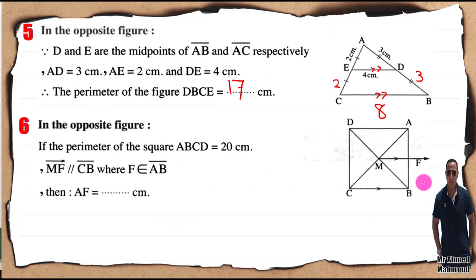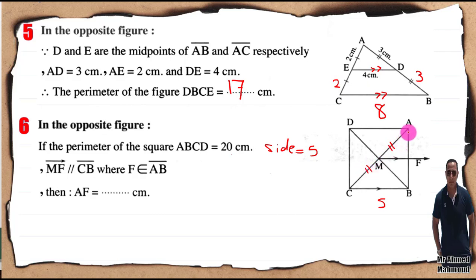Okay, now we have here the perimeter of the square equals 20. So the side of the square equals 20 divided by 4 equals 5. So the side of the square equals 5 centimeters. Okay, here the diagonals of a square bisect each other.